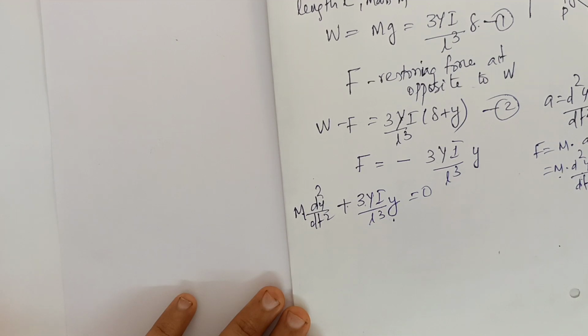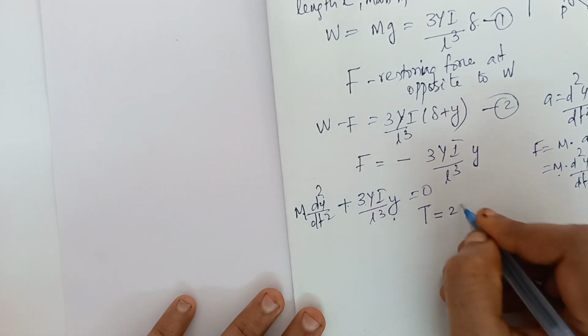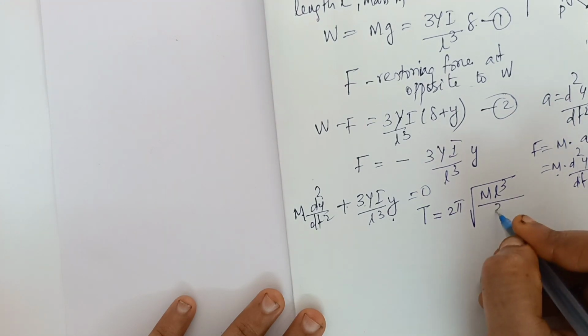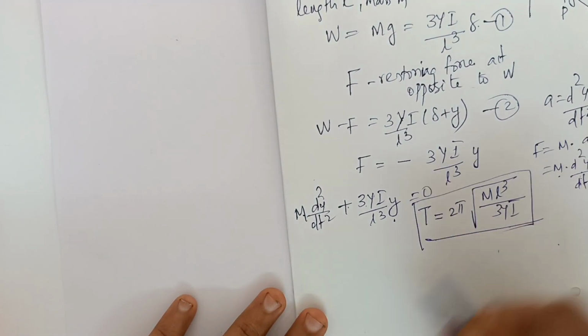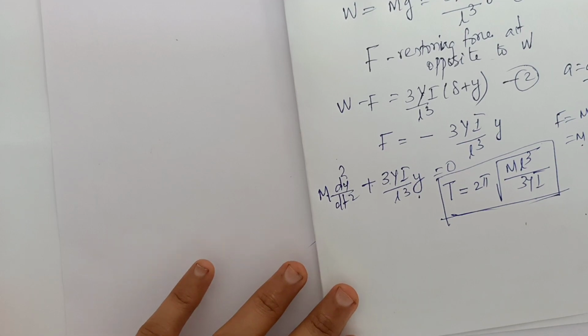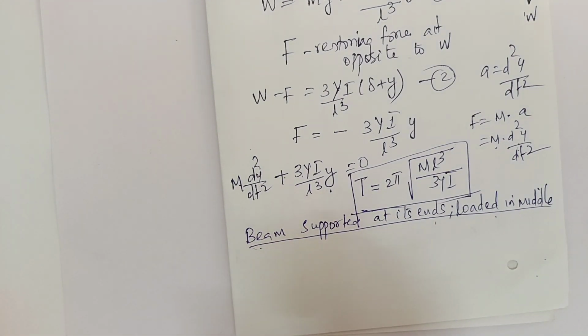So this equation will represent simple harmonic motion whose periodic time is given by 2 pi into root of m L cube by 3YI.